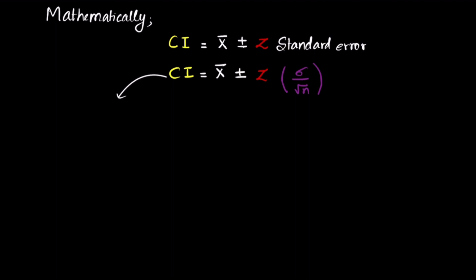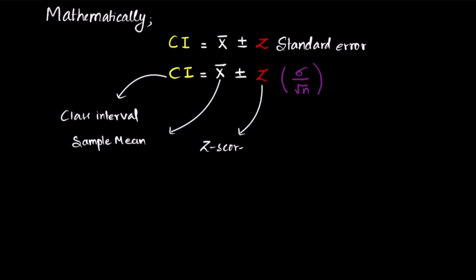CI is your confidence interval. This is the mean of the sample. This is the Z score. This is the standard deviation of the population, and this is the sample size.